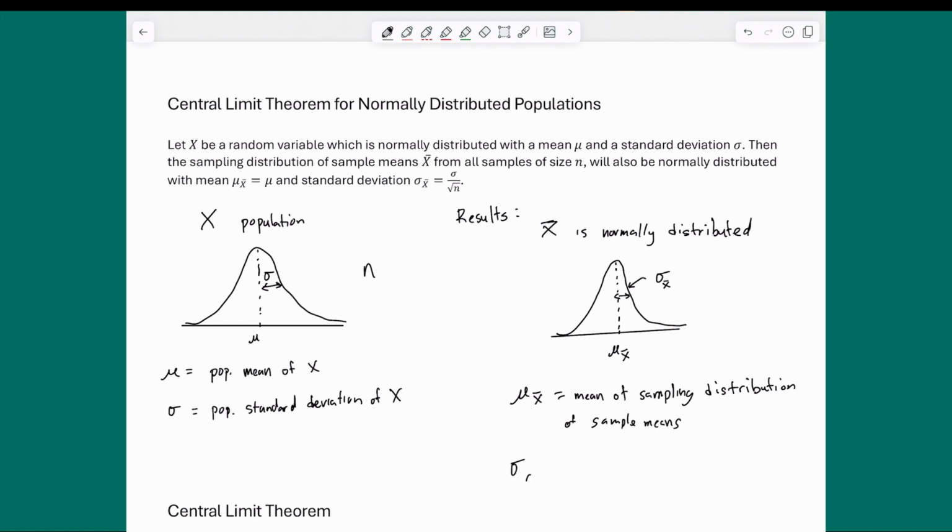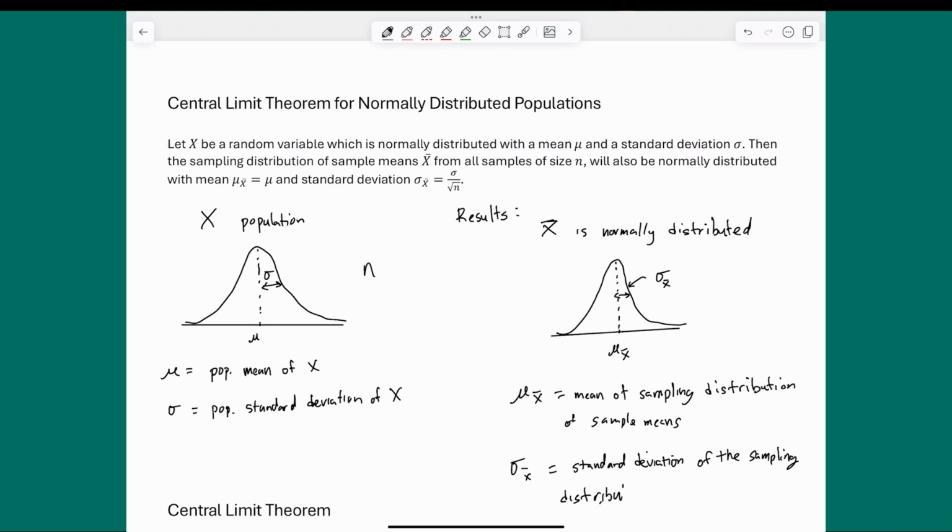Likewise, sigma of x bar is the standard deviation of the sampling distribution of means.